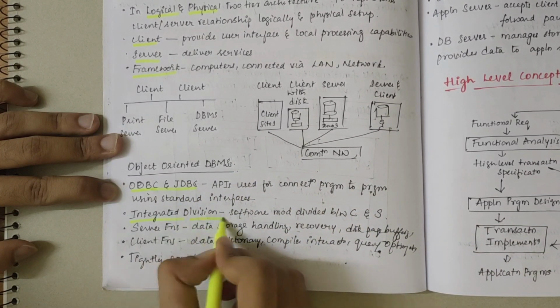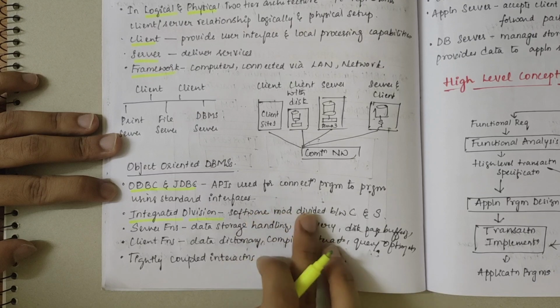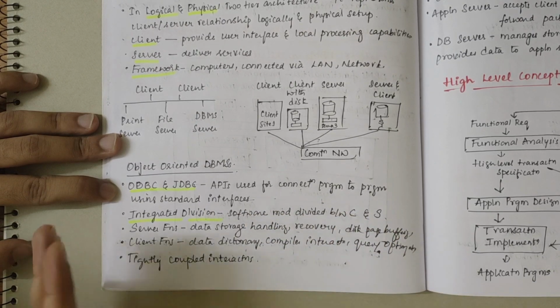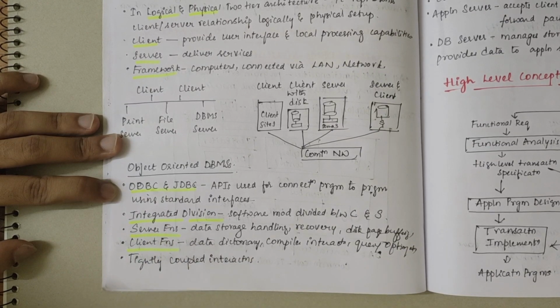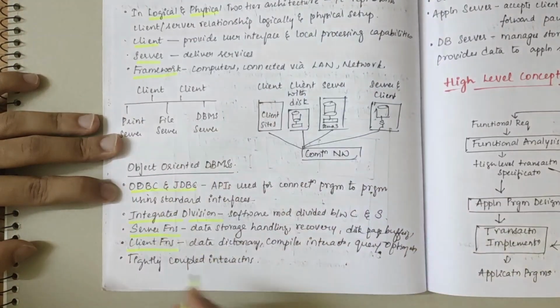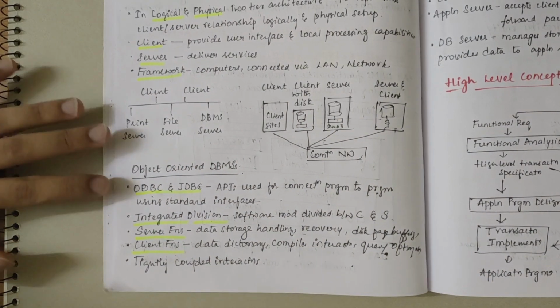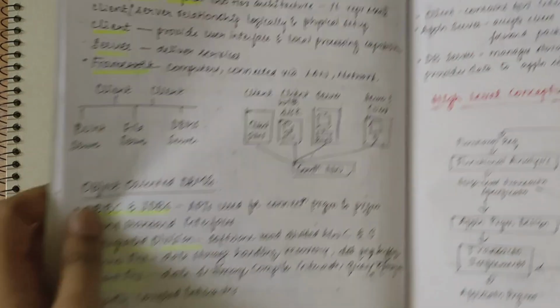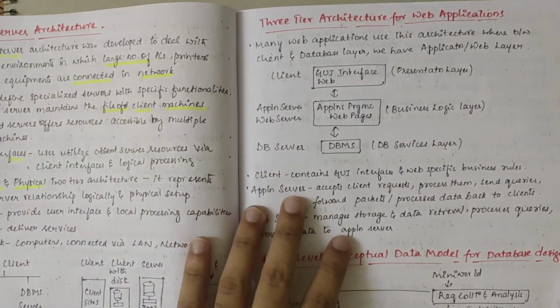Coming to integrated division, software modules are divided between client and server properly. Then the server functions and client functions are the same as we have discussed above. And all these are tightly coupled interactions, so they make sure that there are no errors happening. So that was about client server architecture.